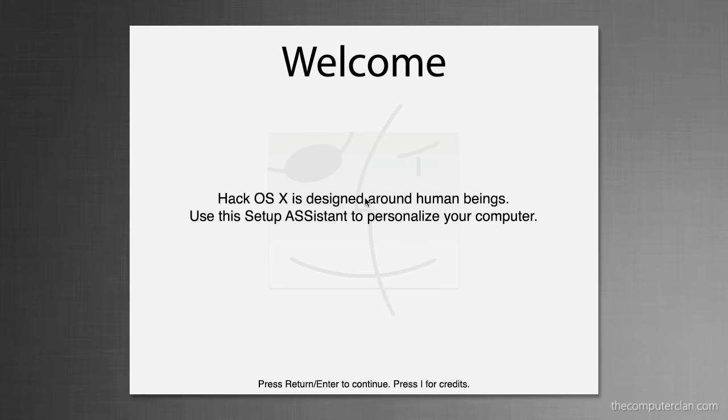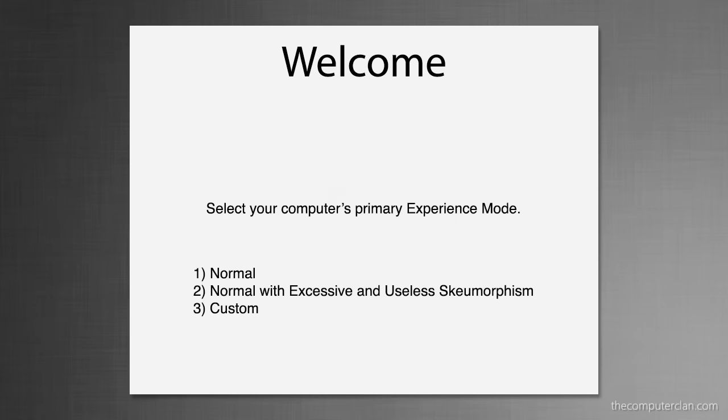Hack OS 10 is designed around human beings. Use the setup assistant to personalize your computer. So, the cool thing is our developers put in some features that let you customize your user experience. And when you do that, it'll make the desktop and everything look personal. So let's press return.